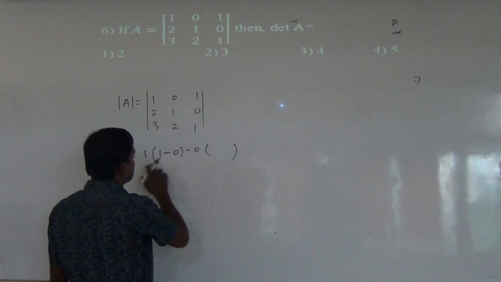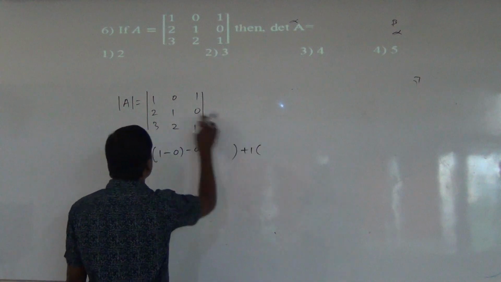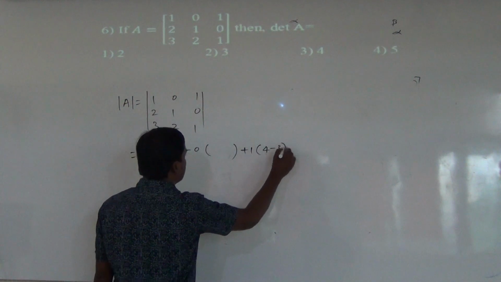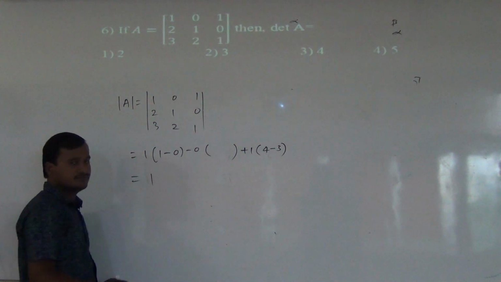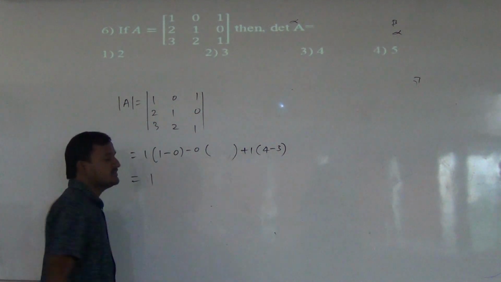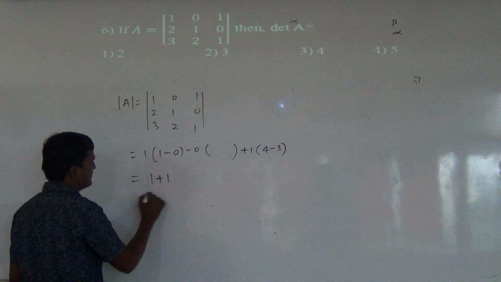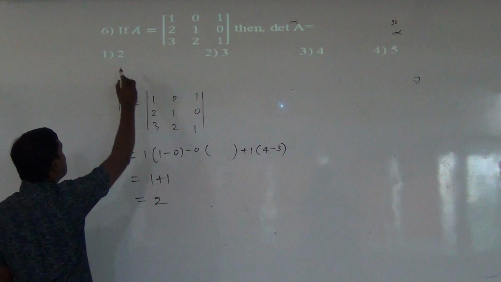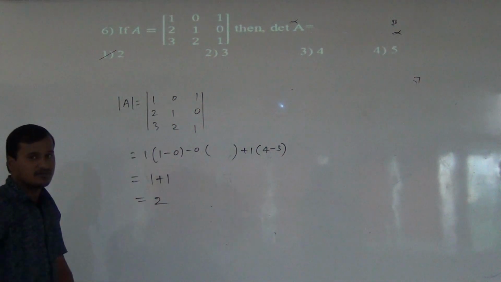So plus minus plus 1 into, you have to leave first row and third column, 4 minus 3. Simplify this, 4 minus 3 means 1. So 1 plus 1, therefore your answer is 2. Which option is the right one? The first one is the right one, right?